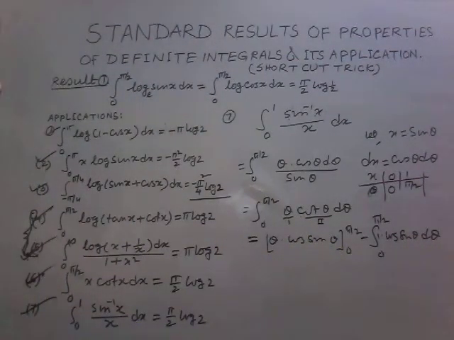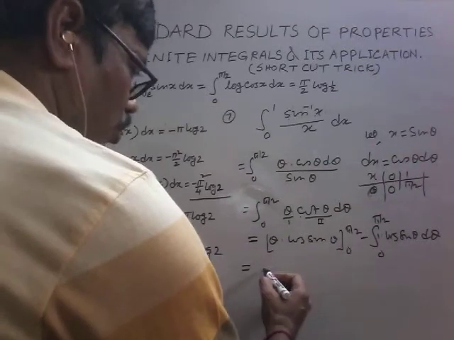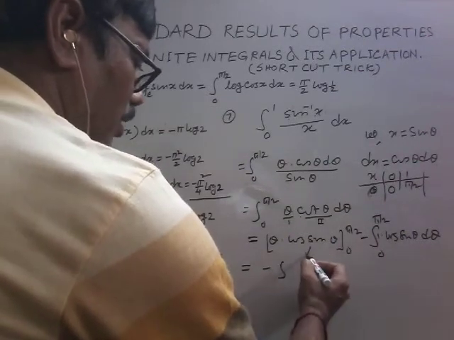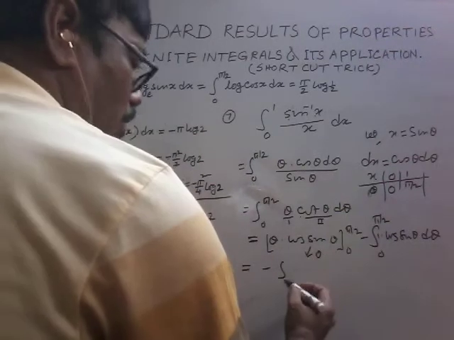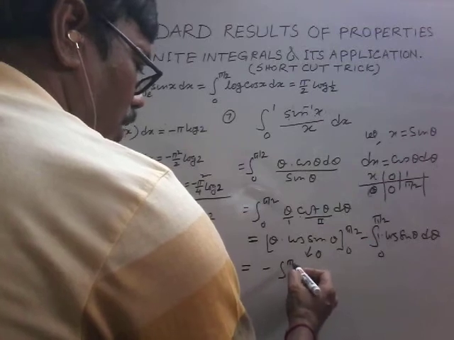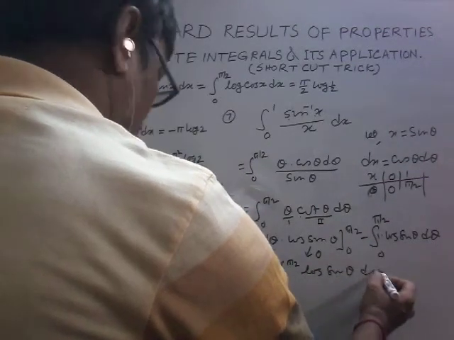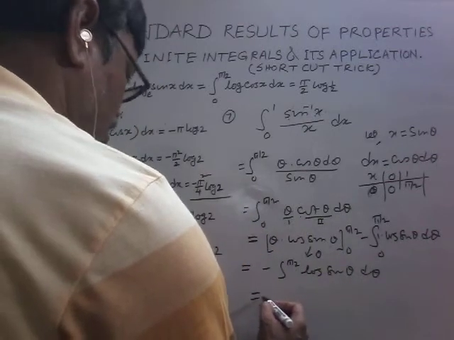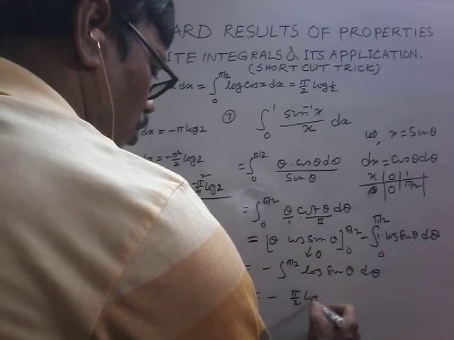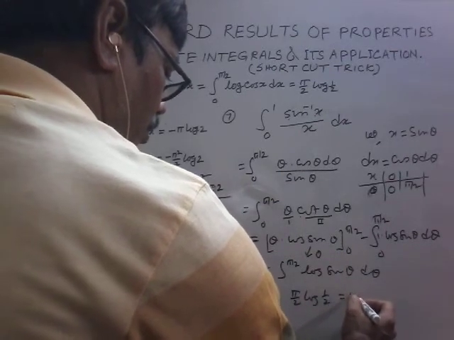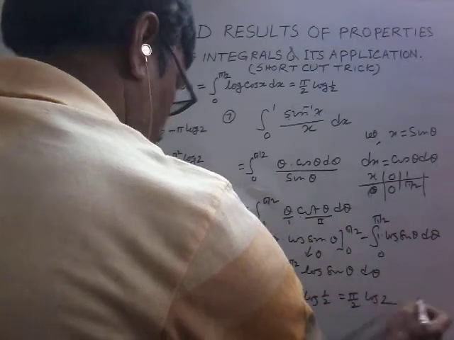Now this part is 0. So what we are getting for the second part is minus 0 to pi by 2 log sin theta d theta. So this is minus pi by 2 log half, so pi by 2 log 2.